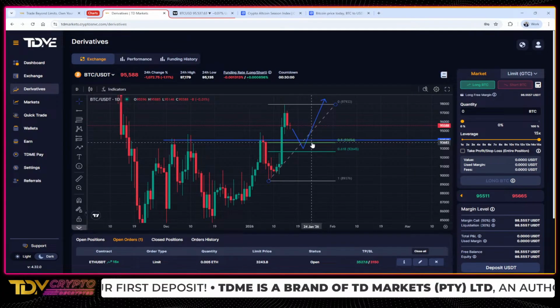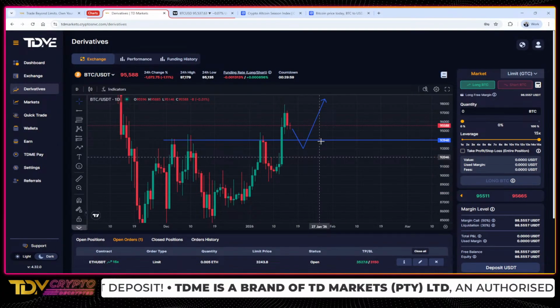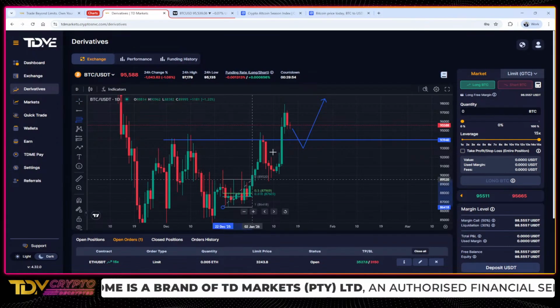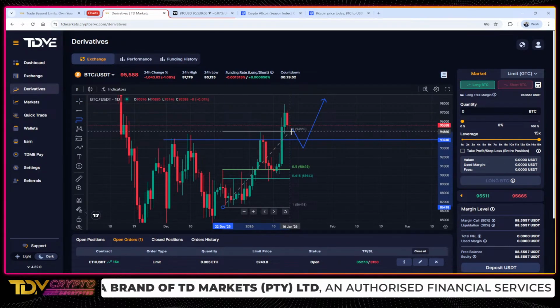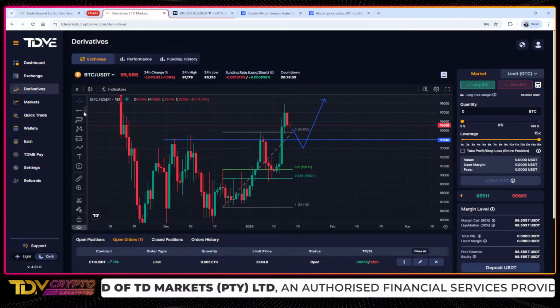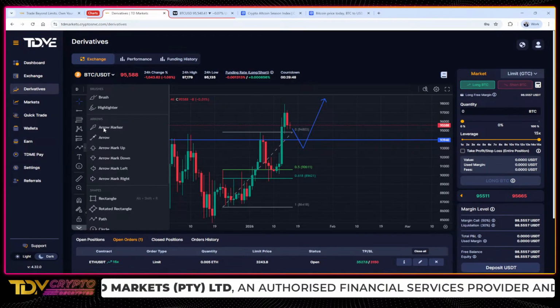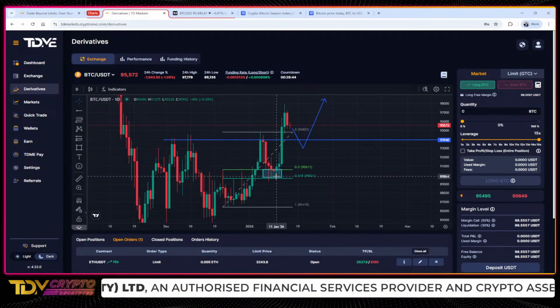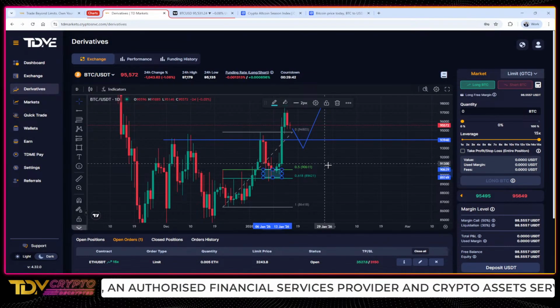Now let me show you what happened previously. Previously the same thing happened on this swing towards the upside here, right? Price came back down to the zone, and then what do we see there? We can see that the market went up, right?